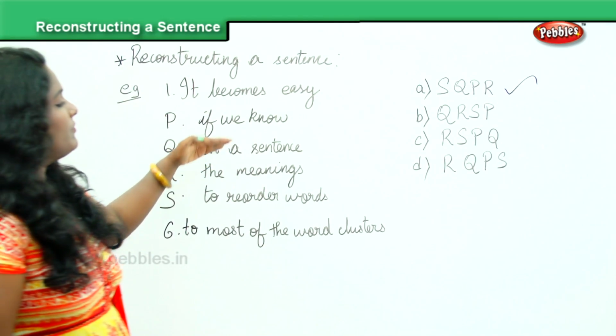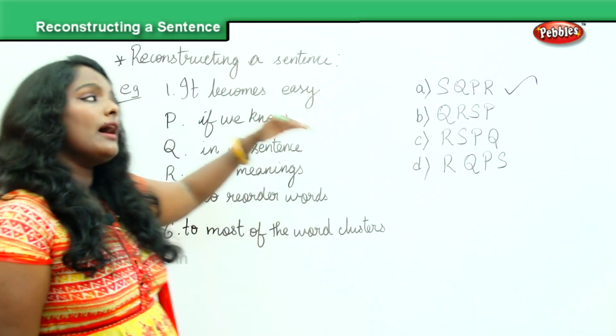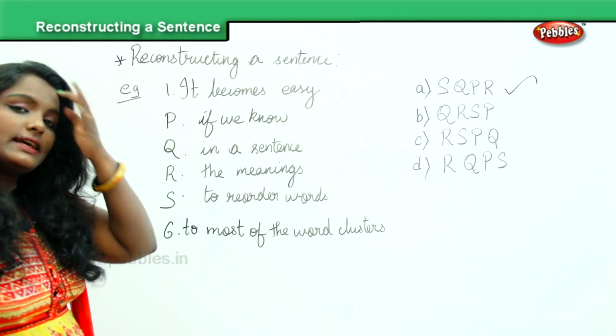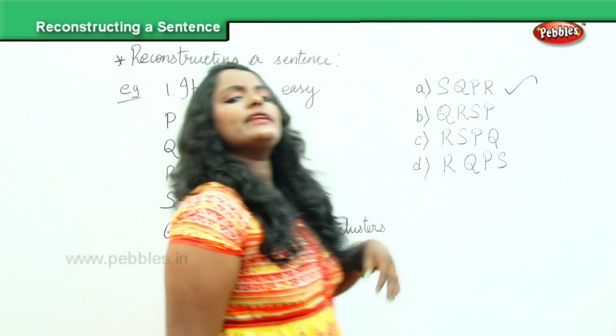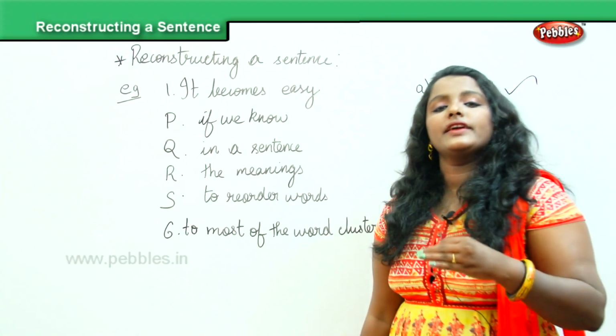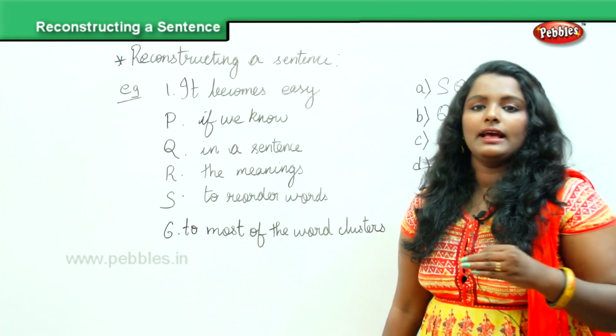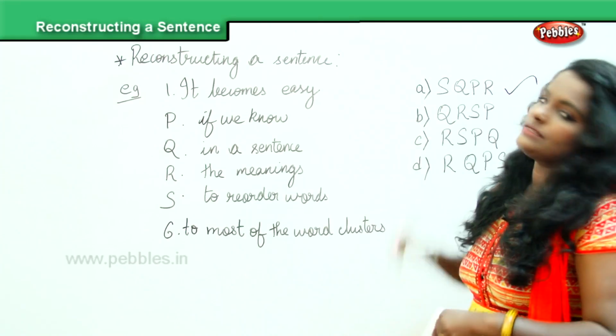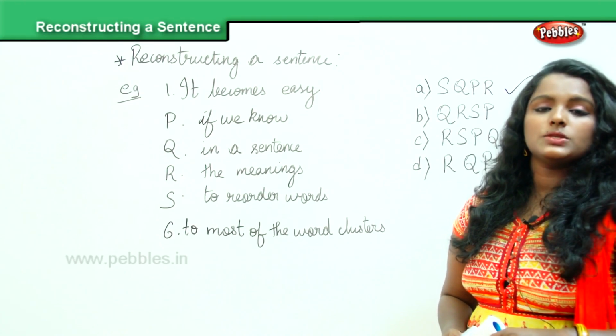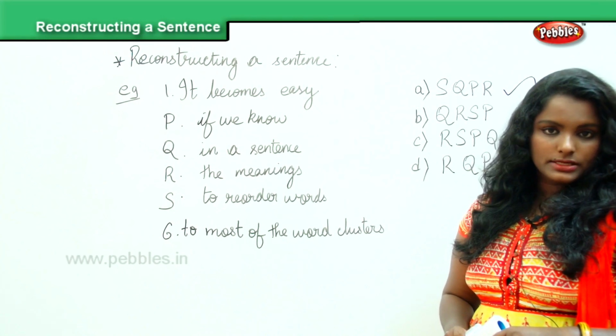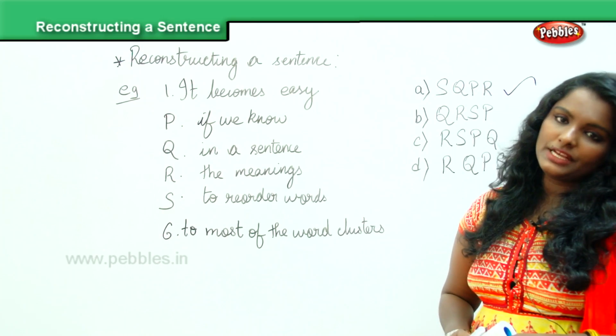So that I have sequenced them, I have read the sentence in the same order and have found that they give proper meaning, and thus I conclude that this is the right answer. And this is what you are also expected to do in your examinations.